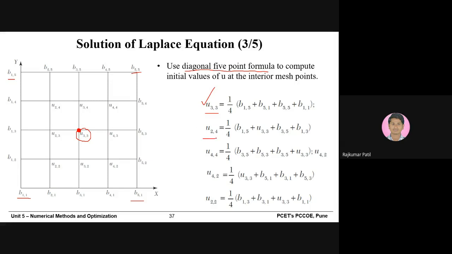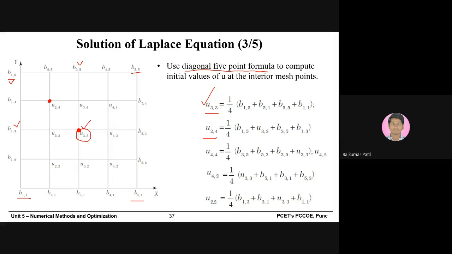Similarly, u24. You can see u24: b15, u33, then b35 and b13.